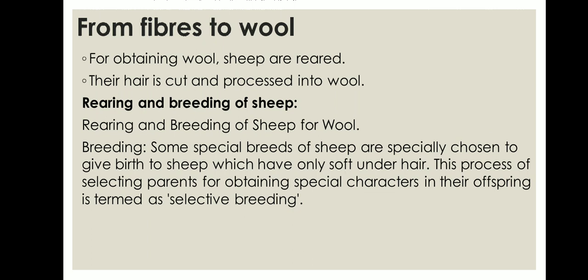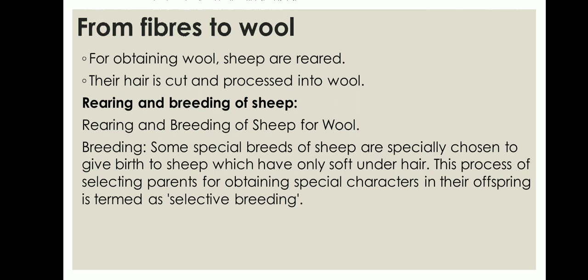Fleece traps air in the spaces between the fibers, preventing heat from escaping their body, right, and keeps them warm. Wool is a better insulator than synthetic fibers like nylon, polyester, and other natural fibers like cotton and silk.